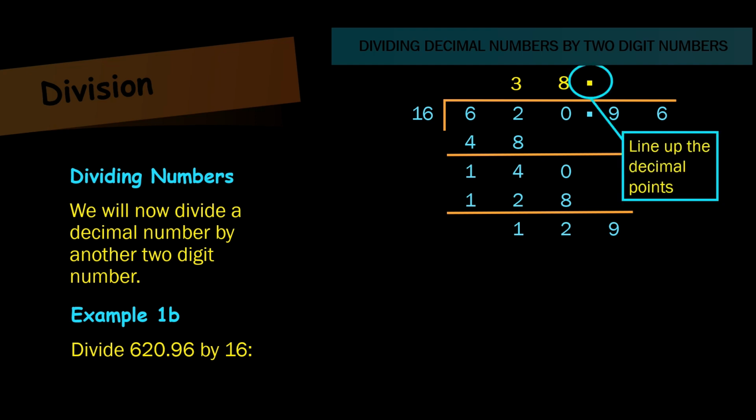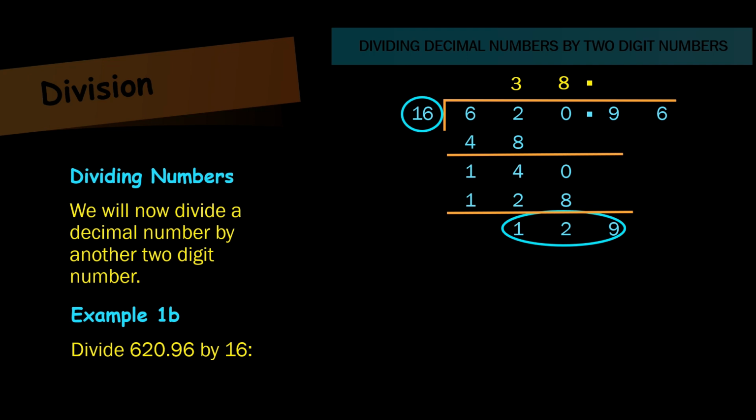Line up the decimal points. How many 16s are in 129? There are 8 16s in 129, so we position the 8 as shown. Now multiply 16 by 8 to give 128, and put 128 here.